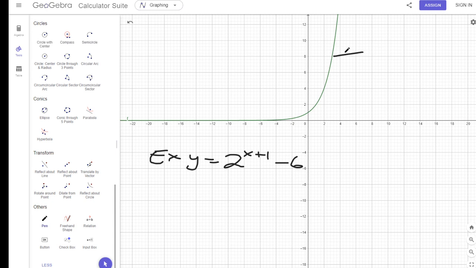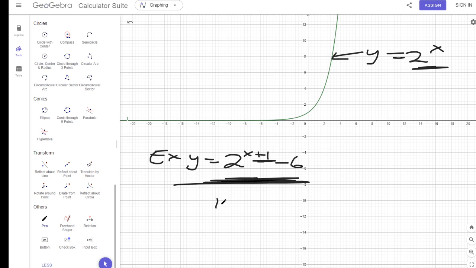We know that this one here is y equals 2 to the x. But then how do we graph this? Well, this right here will be a variation of this one up here. So just graph 2 to the x, and then, just like everything else, this right here tells you that you need to move this to the left.